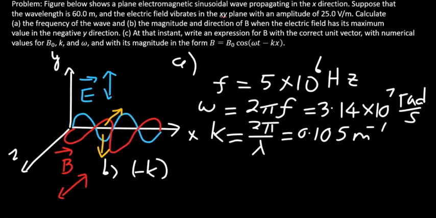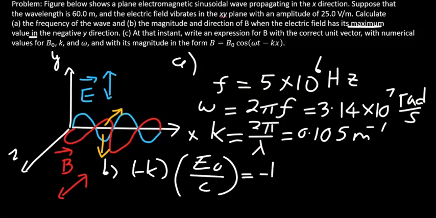Since the amplitude, because we are talking about maximum value, so that is the amplitude of these fields. The amplitude of the electric field is given as the speed of light times the amplitude of the magnetic field. So the magnitude of the magnetic field there is the magnitude of the electric field there over the speed of light.